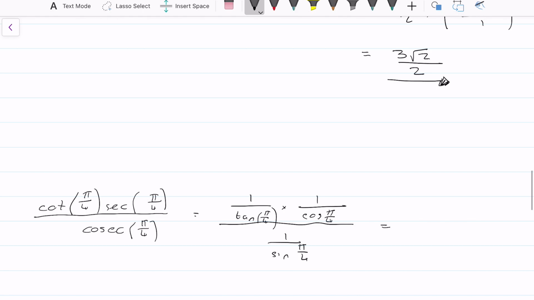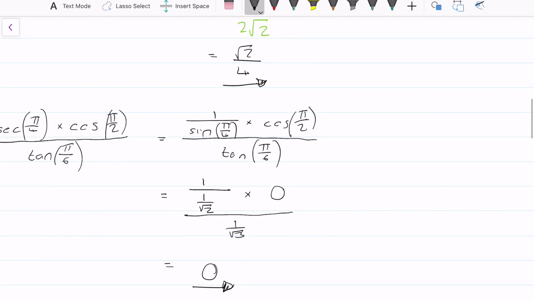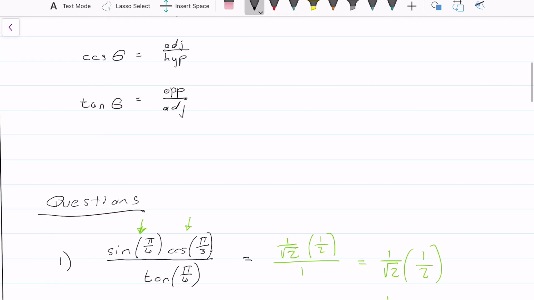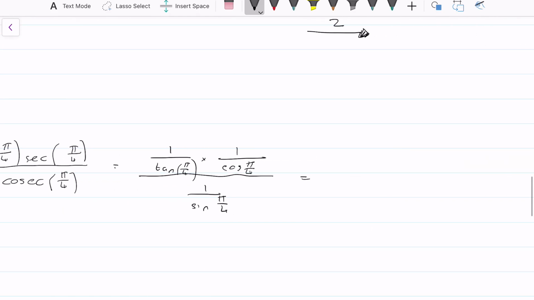Okay, then I'm going to write that tan is equal to opposite over adjacent, or, I hope you guys know this, tan theta equals sine theta over cos theta.